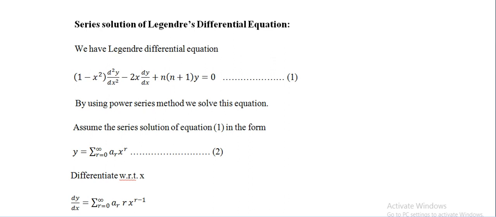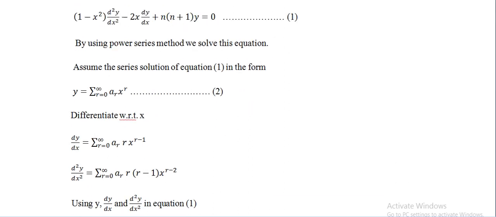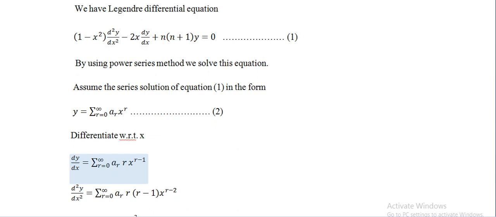Then we differentiate this dy by dx again with respect to x, which gives d squared y by dx squared. Once again a_r and r are constants. The differentiation of x raised to r minus 1 becomes (r minus 1) x raised to r minus 2.